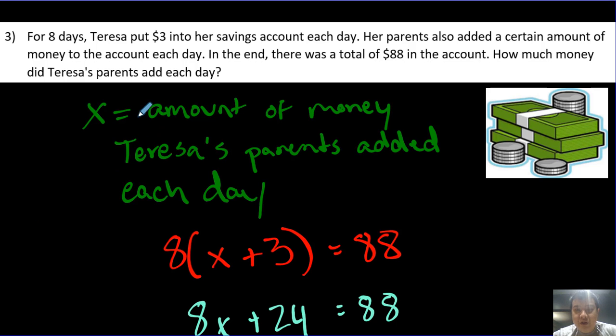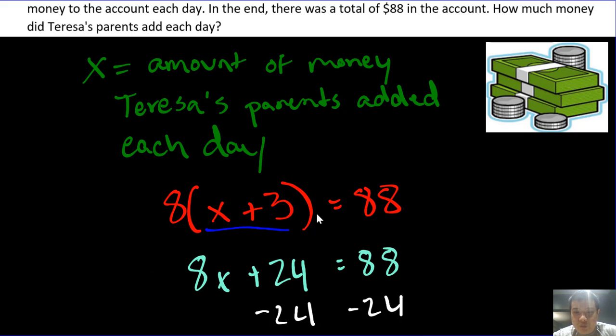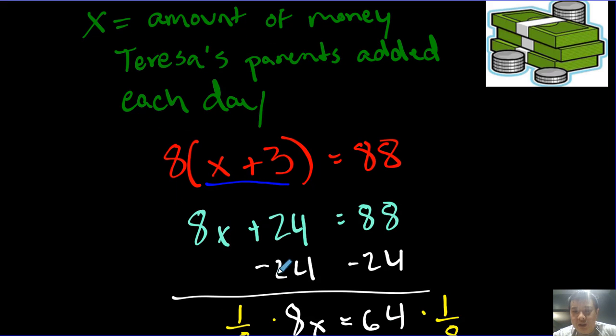What you should have found is that X, first of all, represents the amount of money that Teresa's parents added each day. And each day, Teresa added $3, and her parents added X. So that's how much money was added each day. And we know that this happened for 8 days, so we're going to multiply that by 8. When we distribute, we get 8x plus 24.